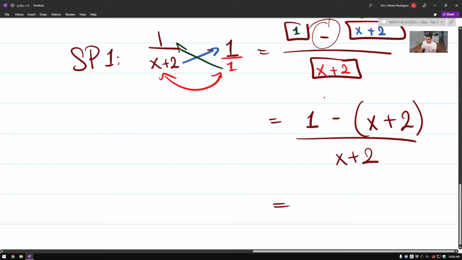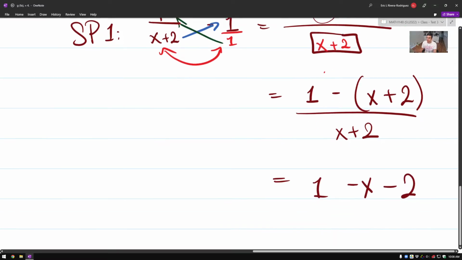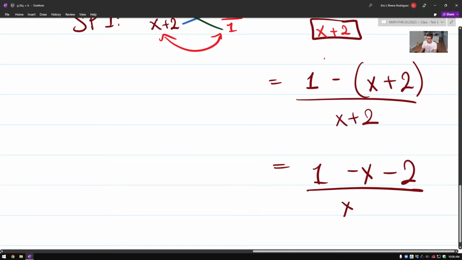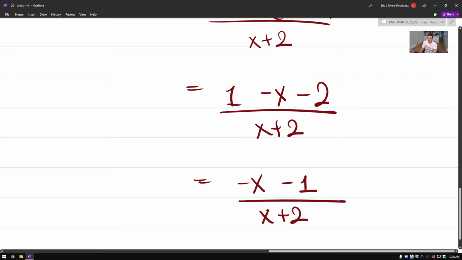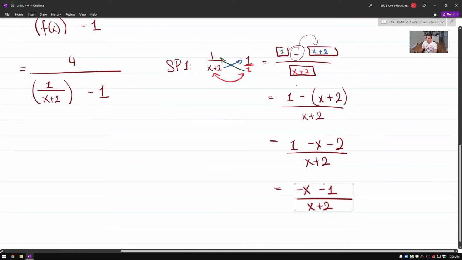So we have here 1 minus x minus 2. See how I applied the minus there? Minus x minus 1 over x plus 2. And that is the solution of my first subproblem.